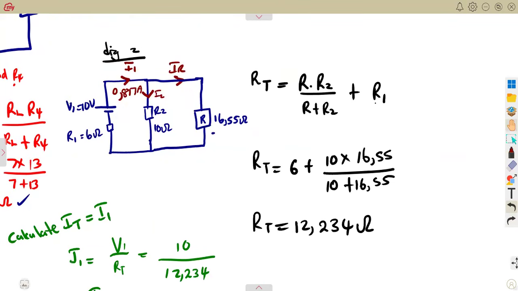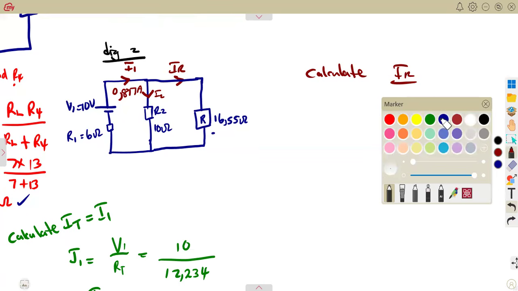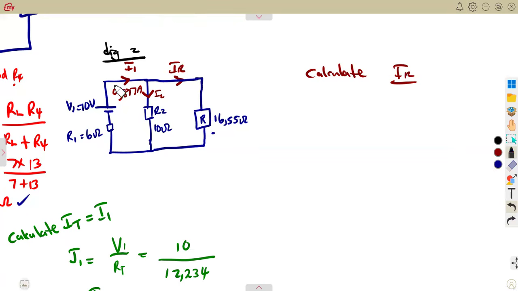In order for us to calculate IR, we can use the current divider rule. So let's calculate IR in this case. Using the current divider rule, we see now the importance of that rule. This I1 is the supply. It is divided like this, as you can see.